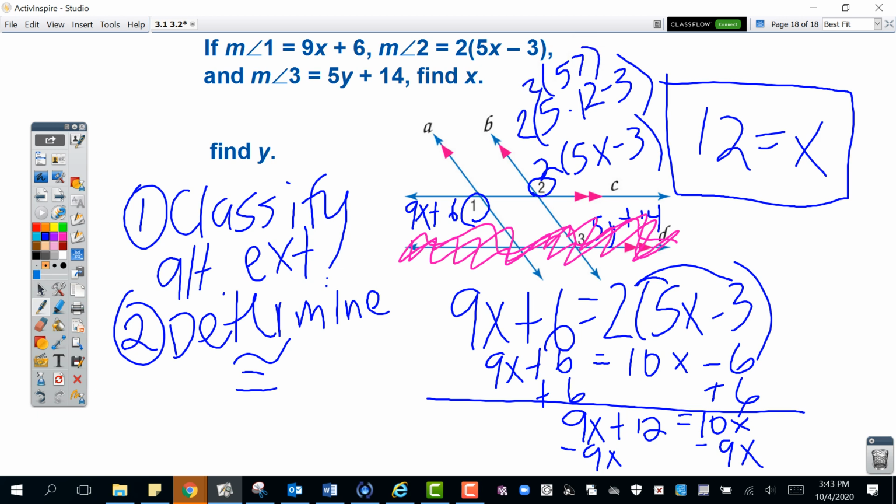And 2 times 57 is going to give me 114 degrees. I'm going to clear these annotations so you can see this just a little bit better. So again, angle 2 is 114 degrees.